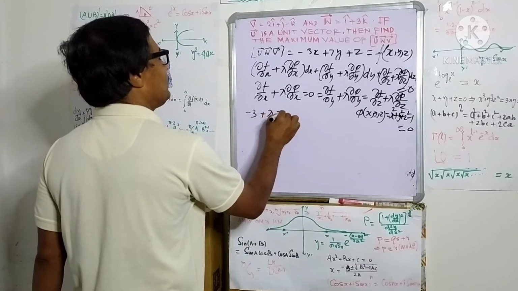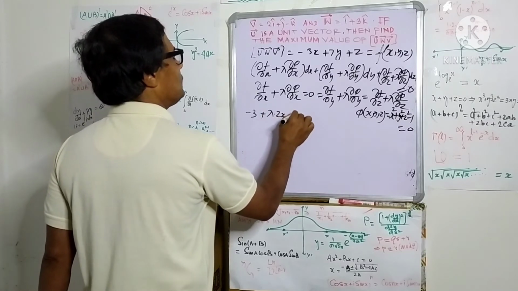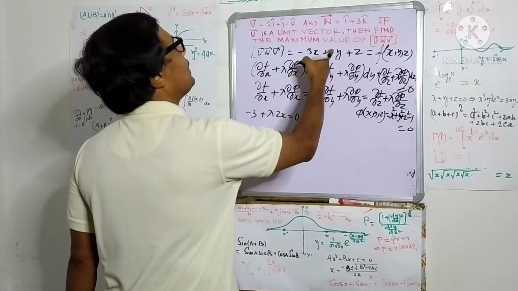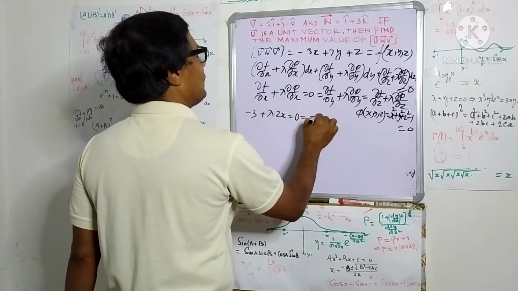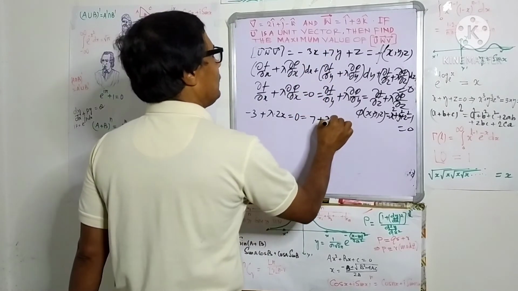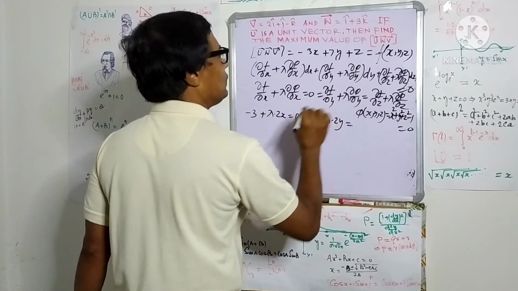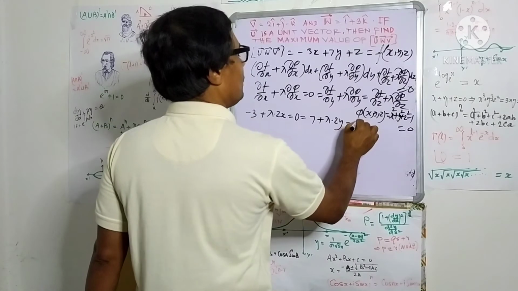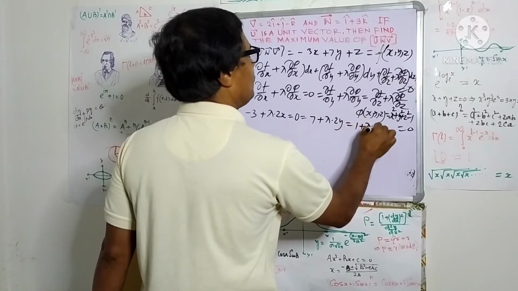So, −3 + λ·2x = 0. ∂f/∂y, that is 7, plus λ·2y = 0, and ∂f/∂z, that is 1, plus λ·2z = 0.